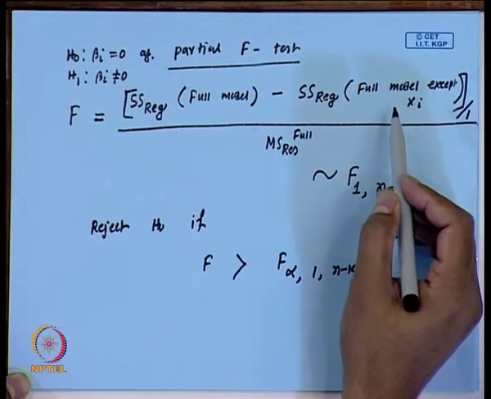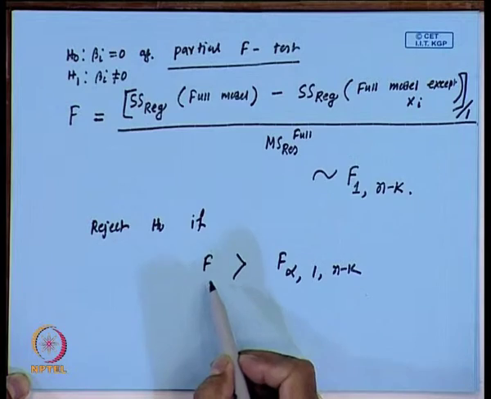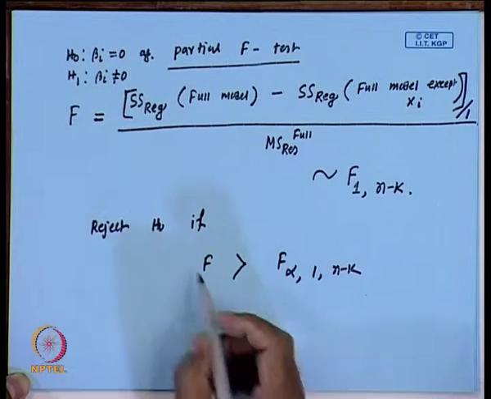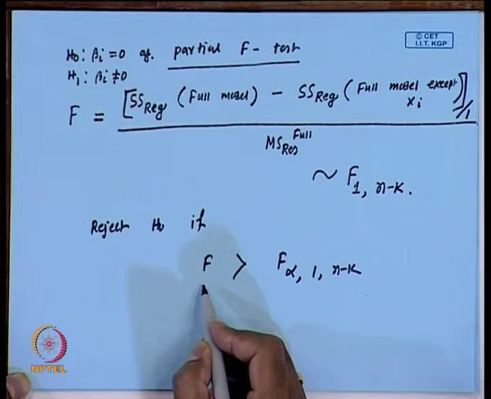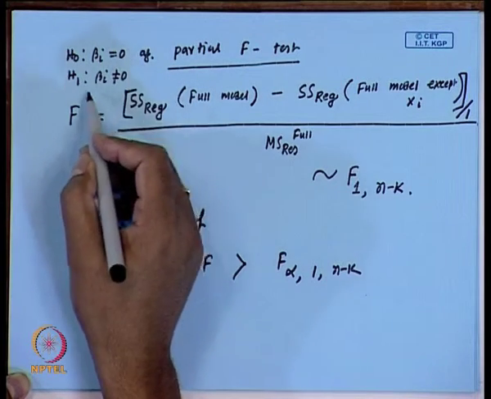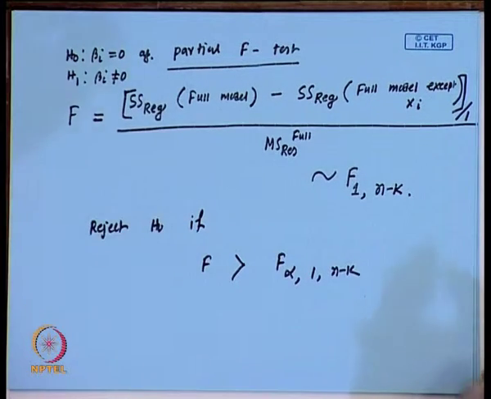If this difference is large, then F is large, and we reject the null hypothesis and accept the alternative hypothesis. We talked about all these things before also.